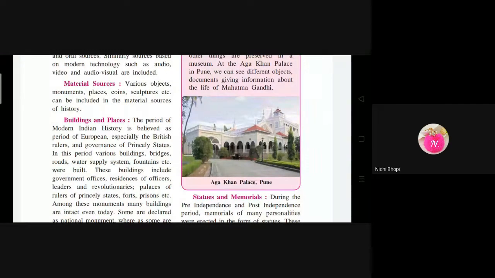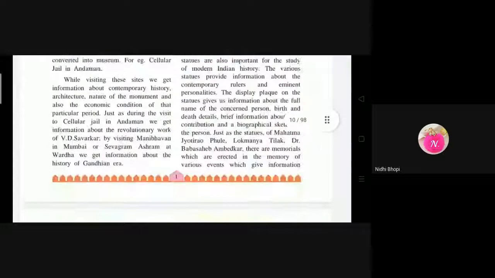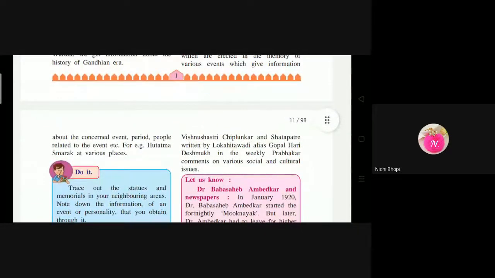Okay. Next is what types of buildings were included in the material sources? Yes, Mansi. In this period, various buildings, bridges, roads, water supply systems, foundations, etc. were built. Yes, but what types of buildings were there?